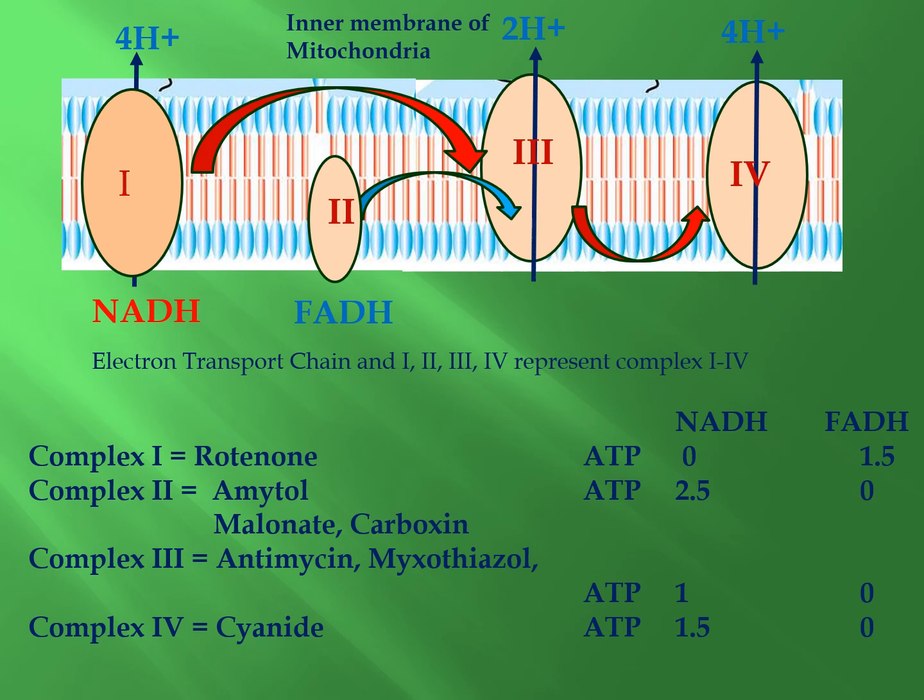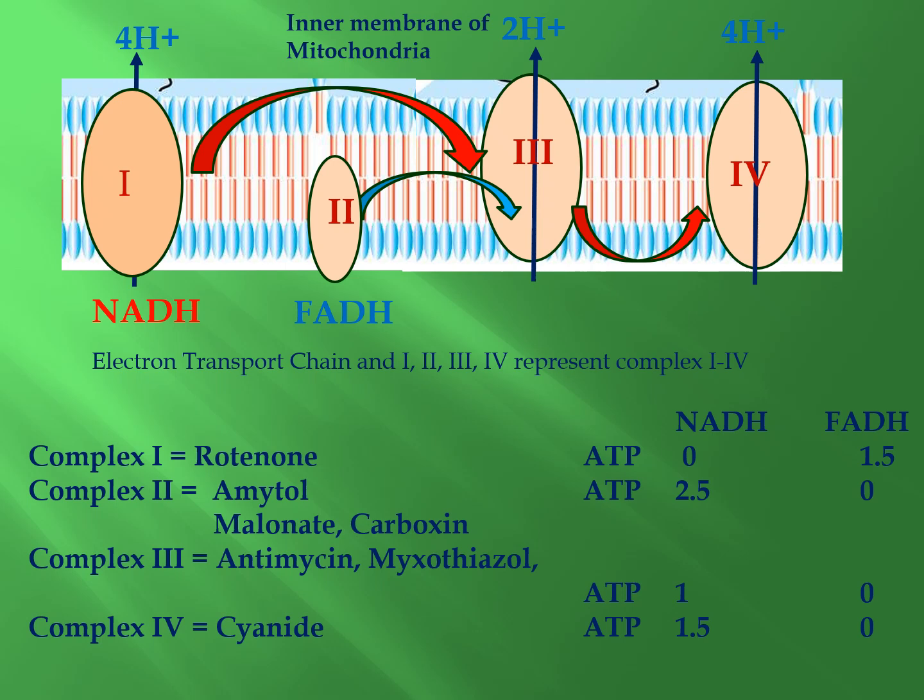I have introduced rotenone as the inhibitor of complex 1. That suggests that none of the electron transport is going to take place from complex 1 to 3 to 4, and no H ions are being transported from the matrix of the mitochondria to the intermembrane space.